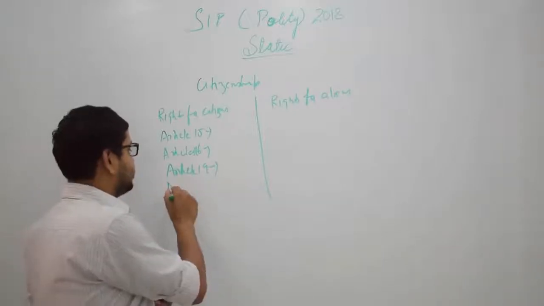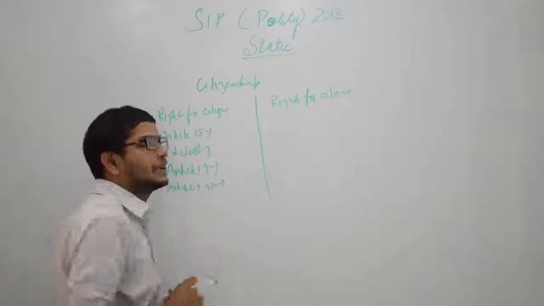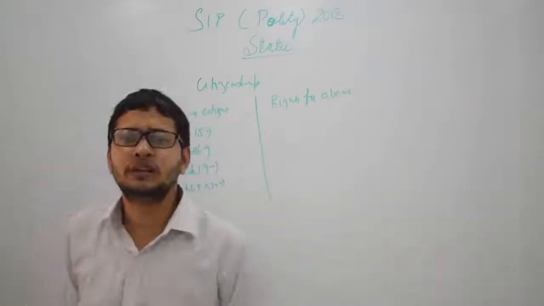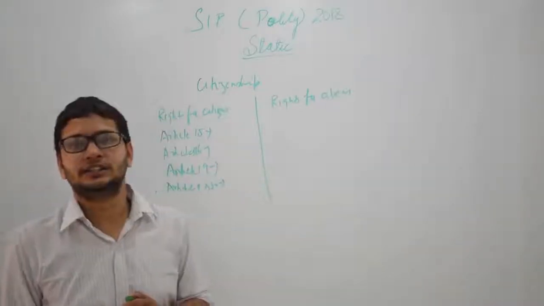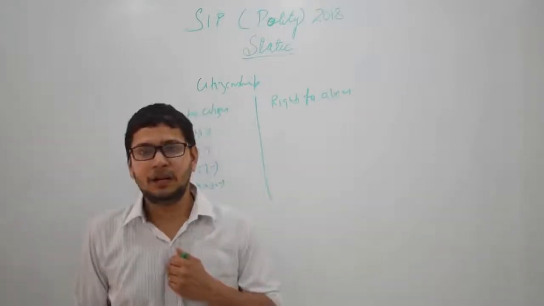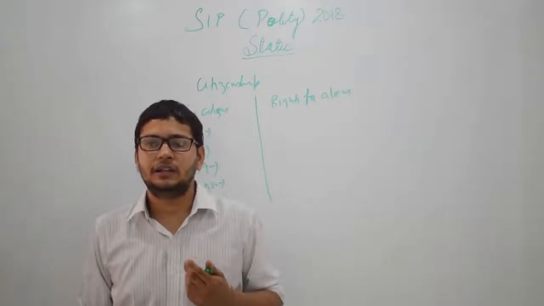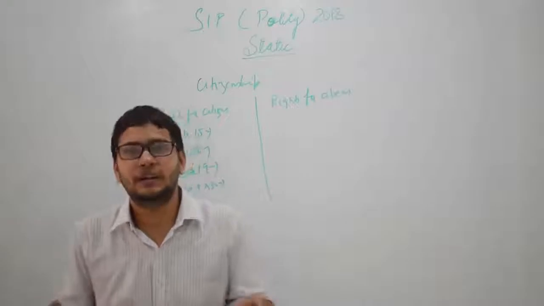Next is Article 29 and 30, which are cultural and educational rights. They are also given to only the citizens of this country. So if I am a minority and I am from Saudi Arabia, and I think that my culture is getting destroyed, and I am probably a refugee in India.